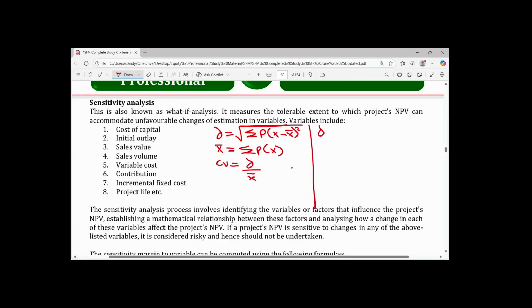That is, I've calculated standard deviation of NPV using either this formula, over 1 plus r raised to power 2t, square root, or you have calculated the standard deviation of expected NPV using standard deviation multiplied by annuity factor.